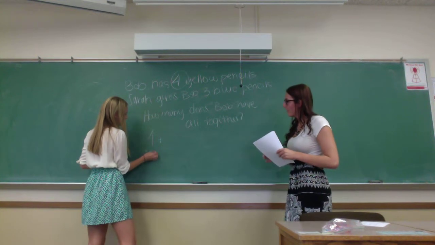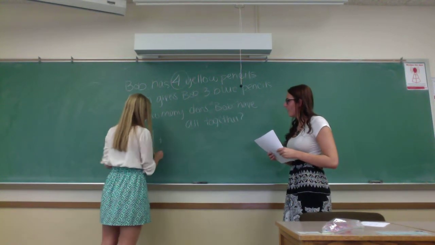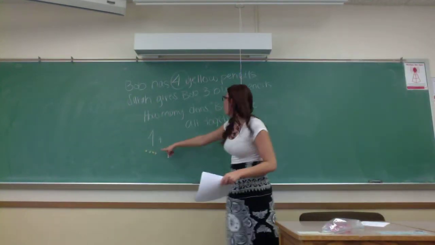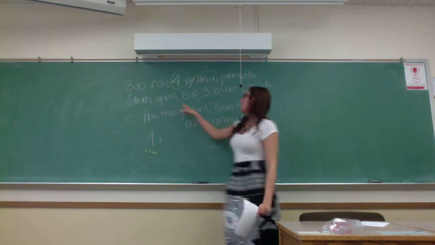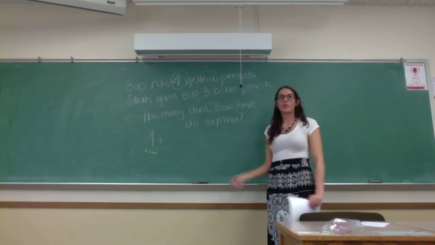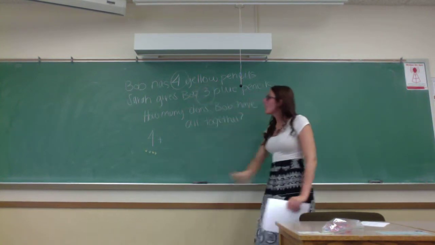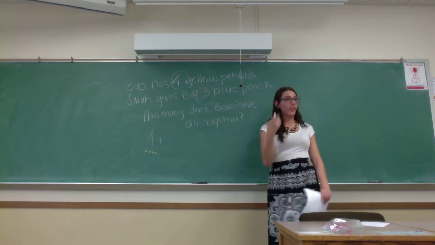One, 2, 3, and 4. Wonderful. Thank you so much for your help. All right, so now we have our 4 yellow pencils, but now Sarah gives Bob 3 blue pencils. So our second number is 3. Who wants to come put 3 manipulatives on the board? Yeah, come on up.